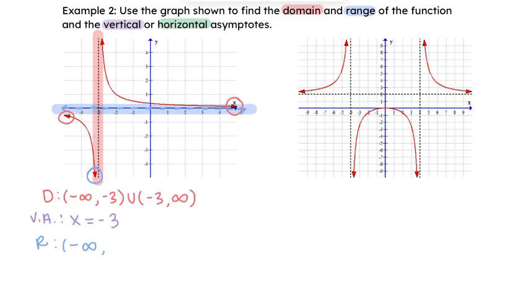So I'm going to go from -infinity to 0, union 0 to infinity. So then my horizontal asymptote would be at y equals 0. So just like my domain and my vertical asymptote go hand in hand, my range and my horizontal asymptote go hand in hand.